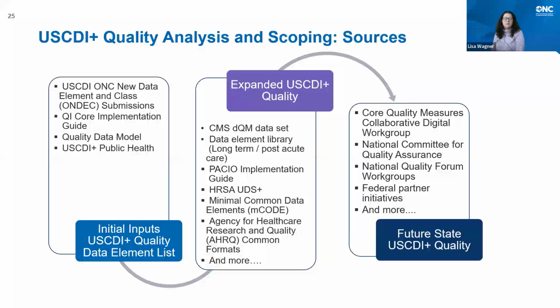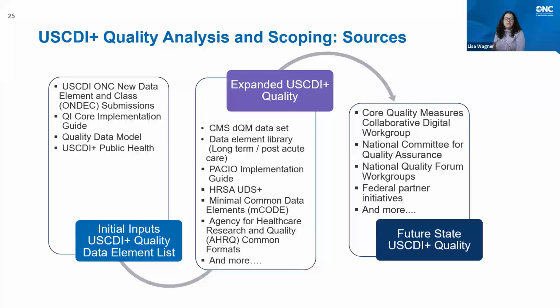particularly the health center reporting requirements as they tie into HRSA, which I mentioned before. We also have had a series of discussions with other organizations, as I mentioned as well, to really try to identify additional data elements that would fit into this quality data element list, to identify high priority data elements.